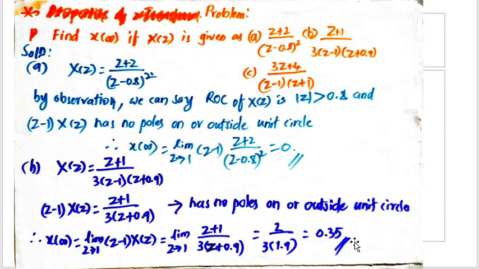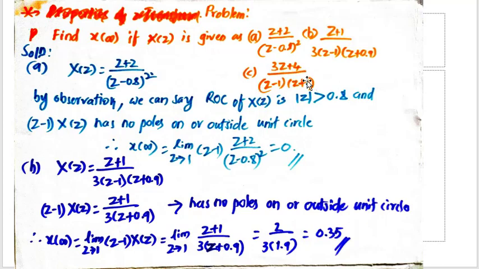That is the final value, x of infinity, for the given X of z. In the earlier case, if you substitute z equal to 1, this term becomes 0, so the value is 0 there. But here the z minus 1 term already exists in X of z, so you can calculate some value.